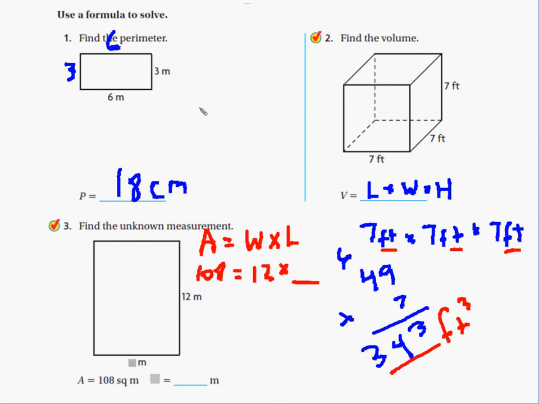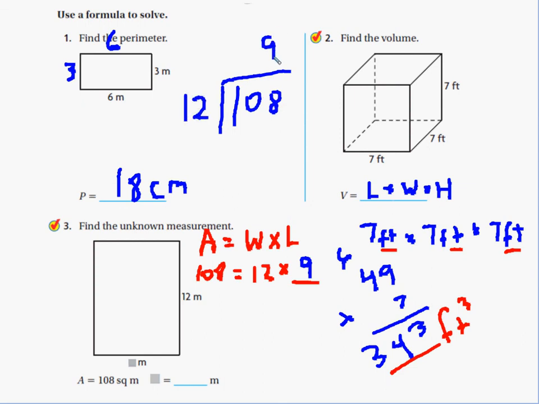If I know my math facts, I have to figure out, what do I multiply by 12 to get 108? I can say, well, that's 9. If I don't know, I can just guess and check. Well, 10 is too big because that's 120. 5 is too small because that's 60, and just narrow it down. Or you can just take 108 and divide it by 12 and get the exact answer.